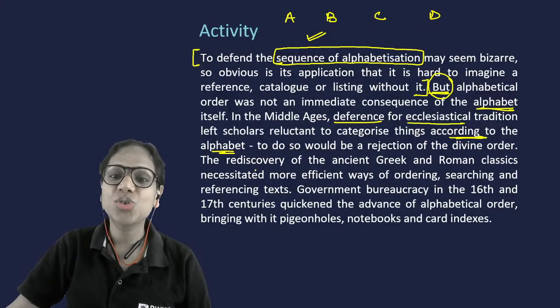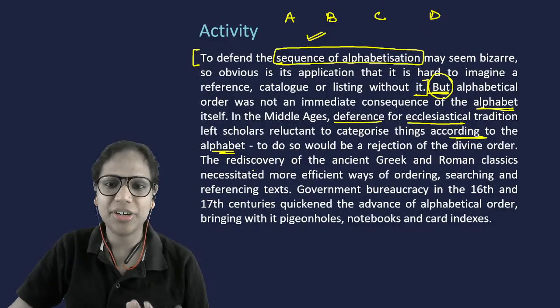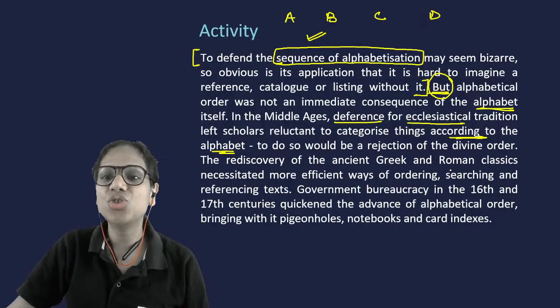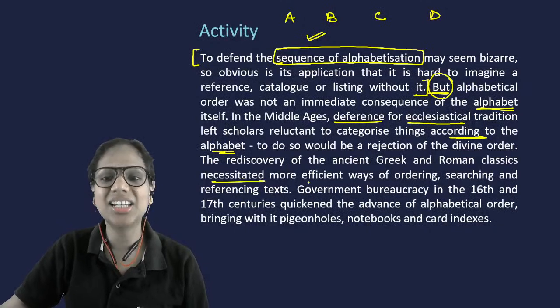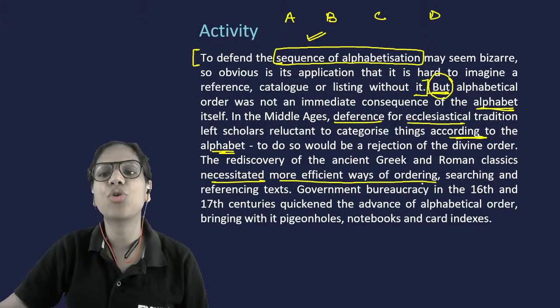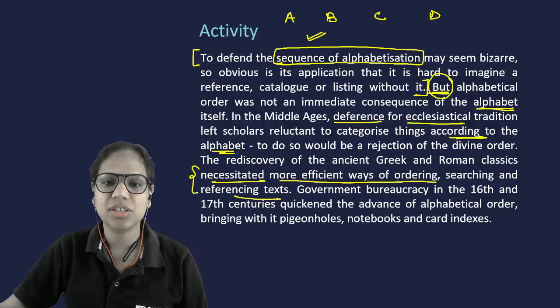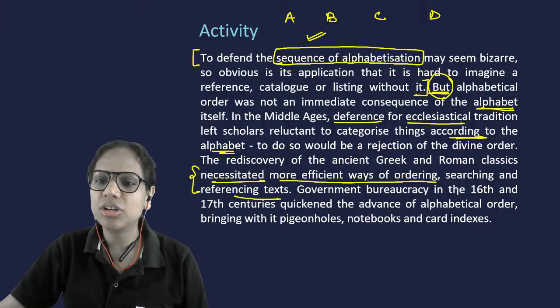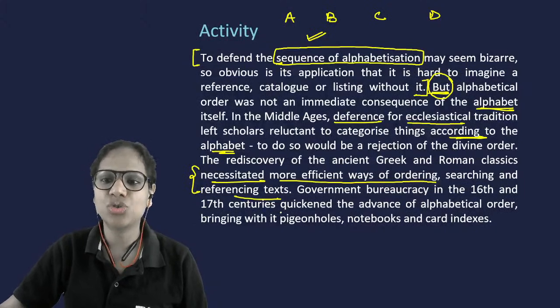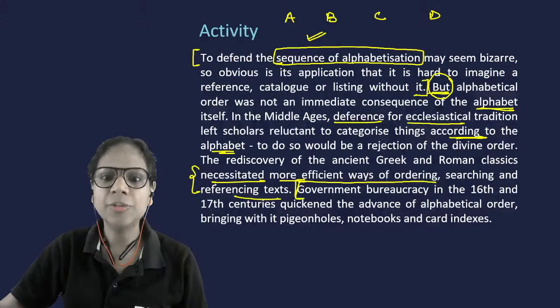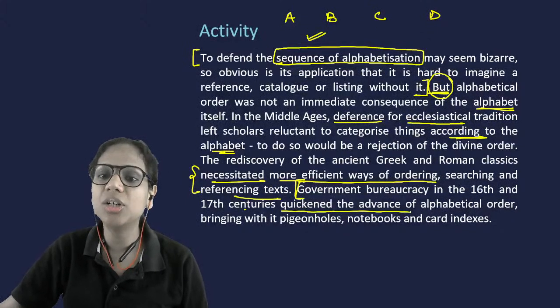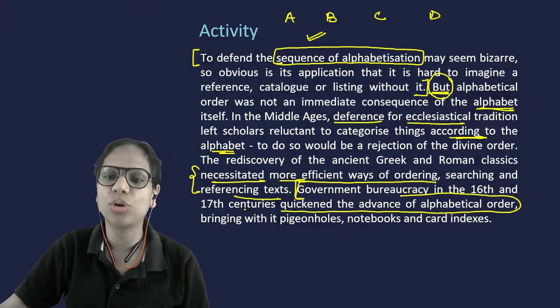So then what happened? The rediscovery of the ancient Greek and Roman classics necessitated more efficient ways of ordering, searching, and referencing texts. So a need arose. Now, see this. Government bureaucracy in the 16th and 17th centuries quickened the advance of alphabetical order.